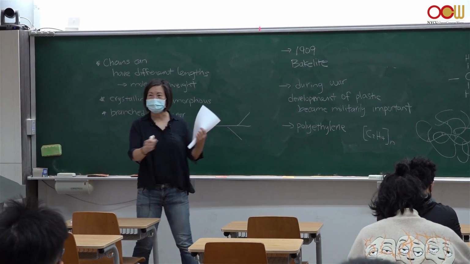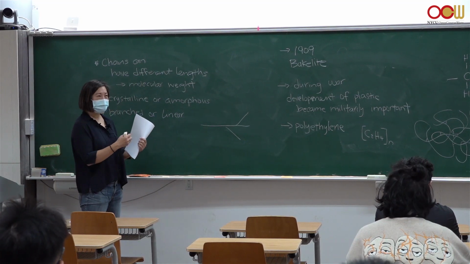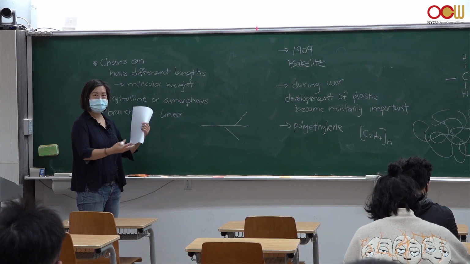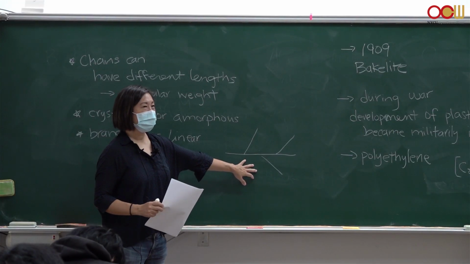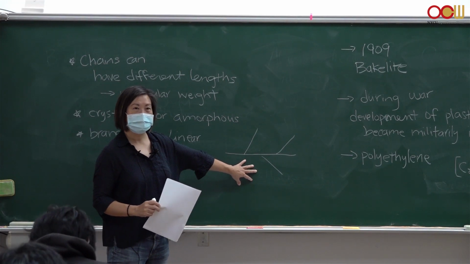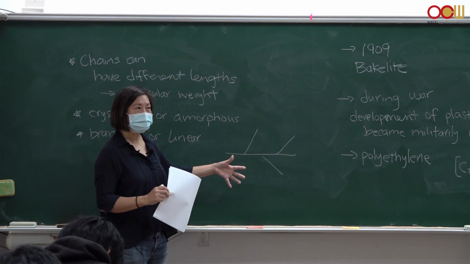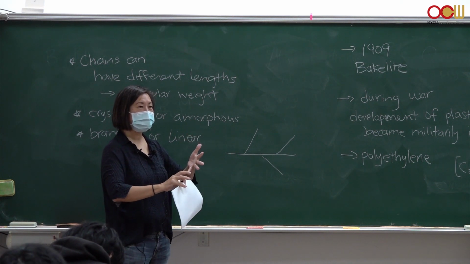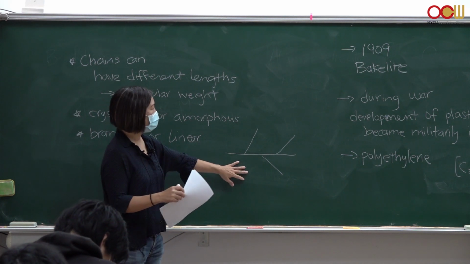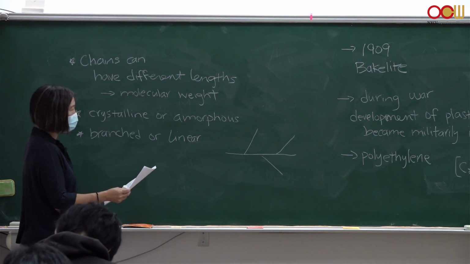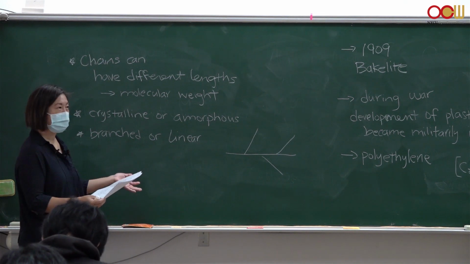So you could swap out one of the hydrogens on a polymer chain with something else and cause it to have branched structure. A branched polymer would be more likely to be cross-linked because you have more areas for cross-linking and more areas for the chains to get tangled up. So it's common for branched polymers to be stronger.